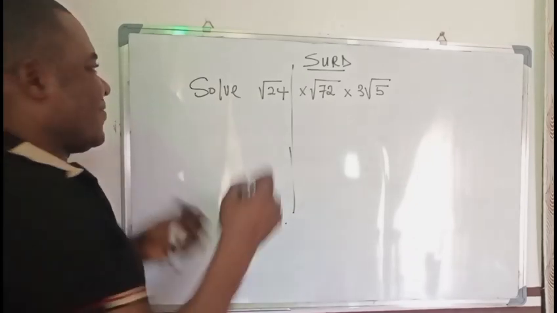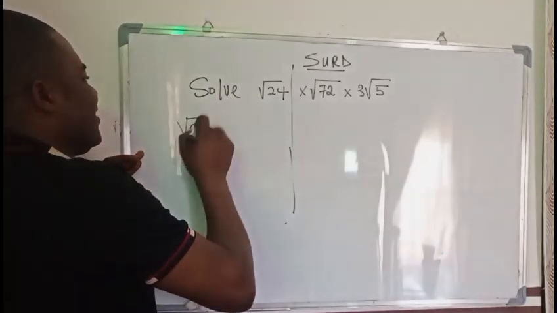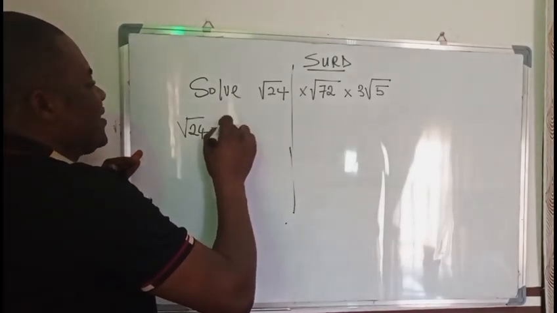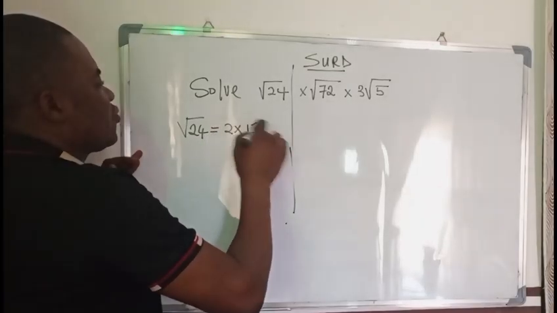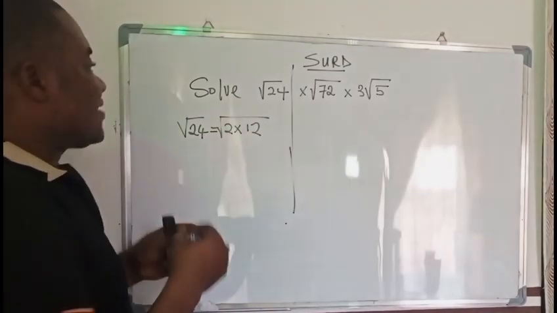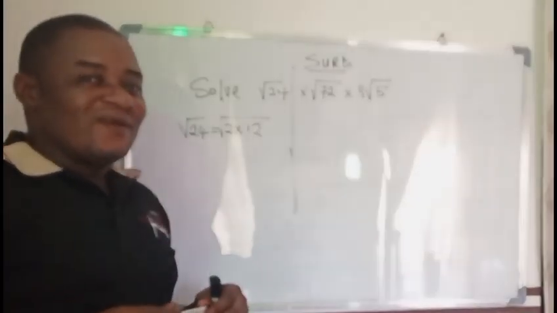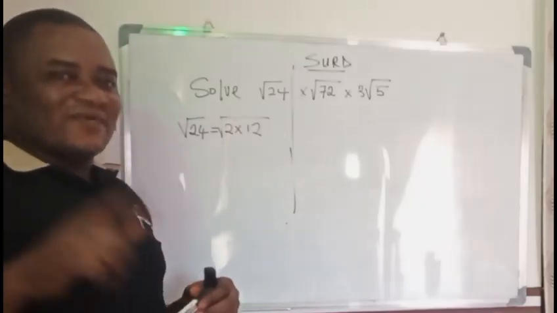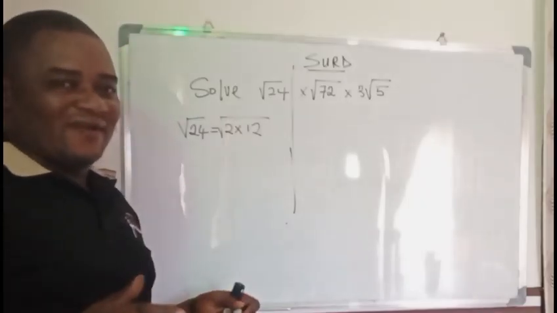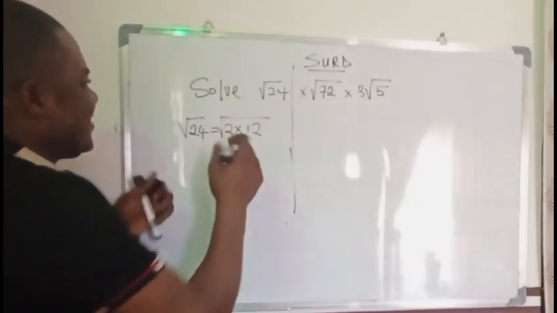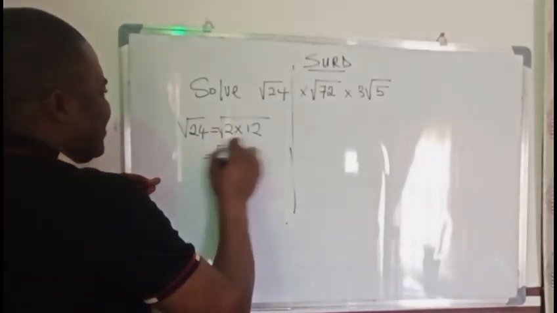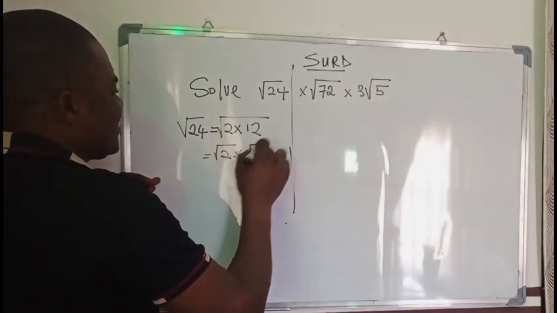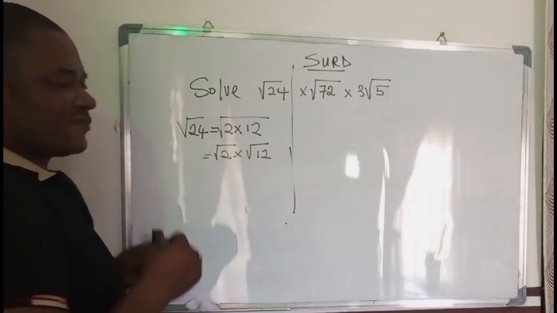Now know that 24 is equal to 2 times 12. This is the first rule in solving surds, which I had introduced to us earlier. And this surd can be separated to surd 2 times surd 12.